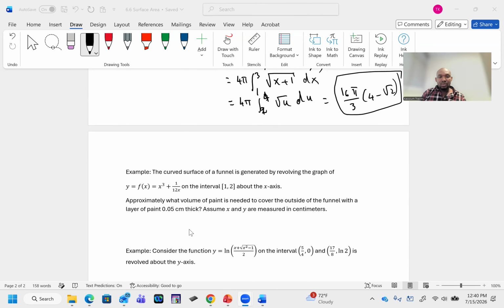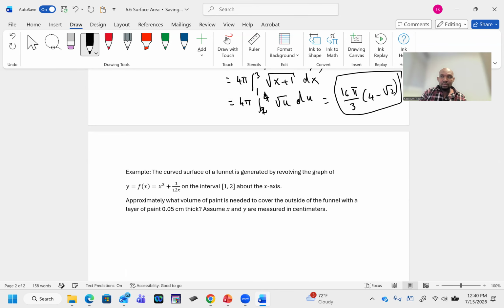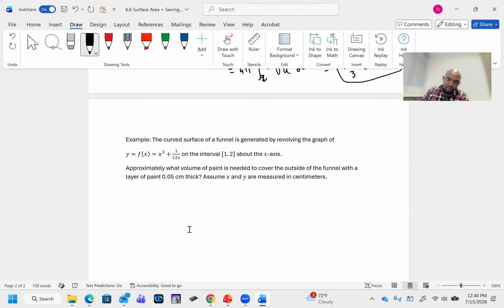So to do so, first thing we have to find is f prime of x. My f prime of x would be 3x squared minus 1 divided by 12x squared.